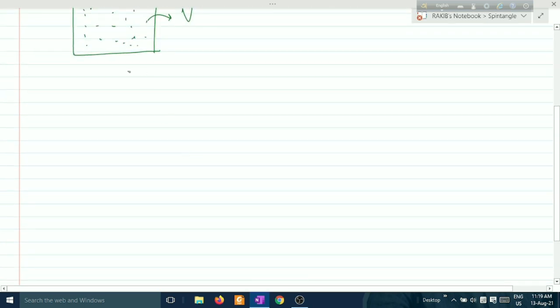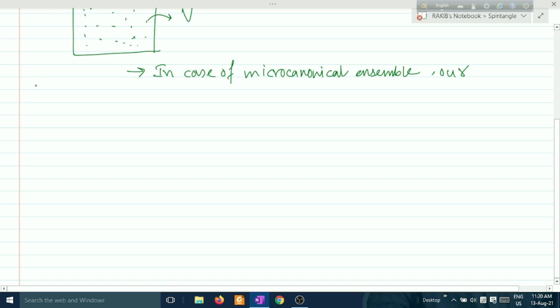So in the case of microcanonical ensemble, our objective is to study the entropy first. What is entropy here?